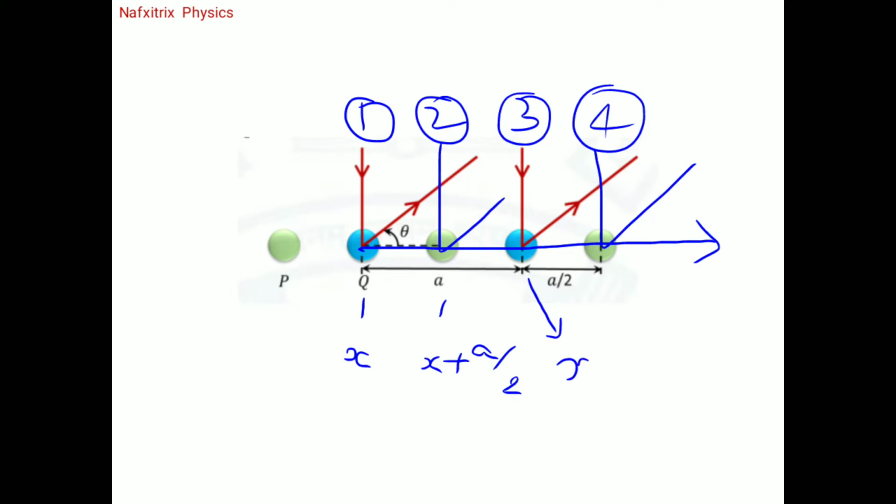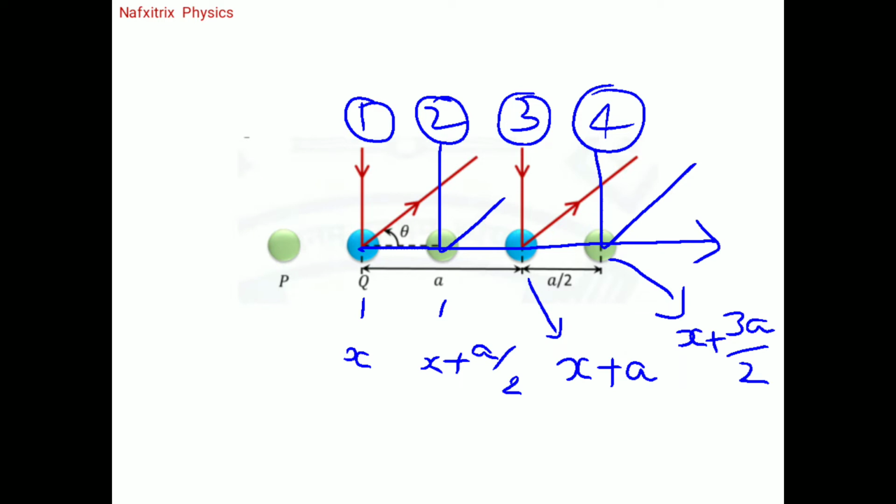So it is nothing but x plus a, and here it is x plus 3a by 2, since a plus a by 2 is 3a by 2. These are the position coordinates, as we have assumed along the x-axis.